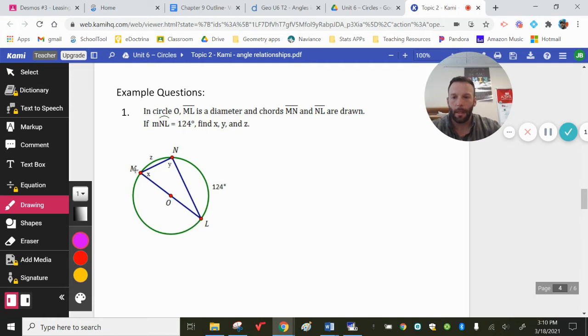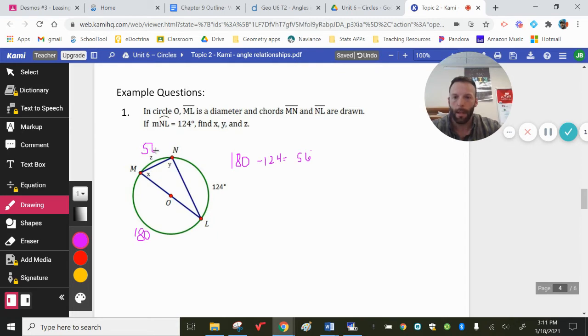That means the arc from M to L on this side has to be a 180 degree arc, and on the other side also 180. So if I take 180 and subtract 124, that means I have 56 degrees left over. So 56 degrees must be the measure of the arc from M to N.